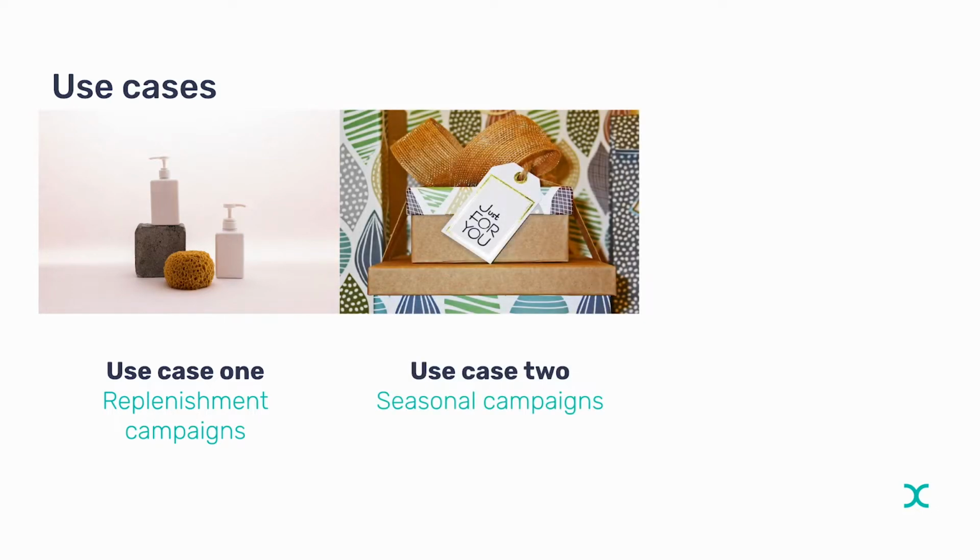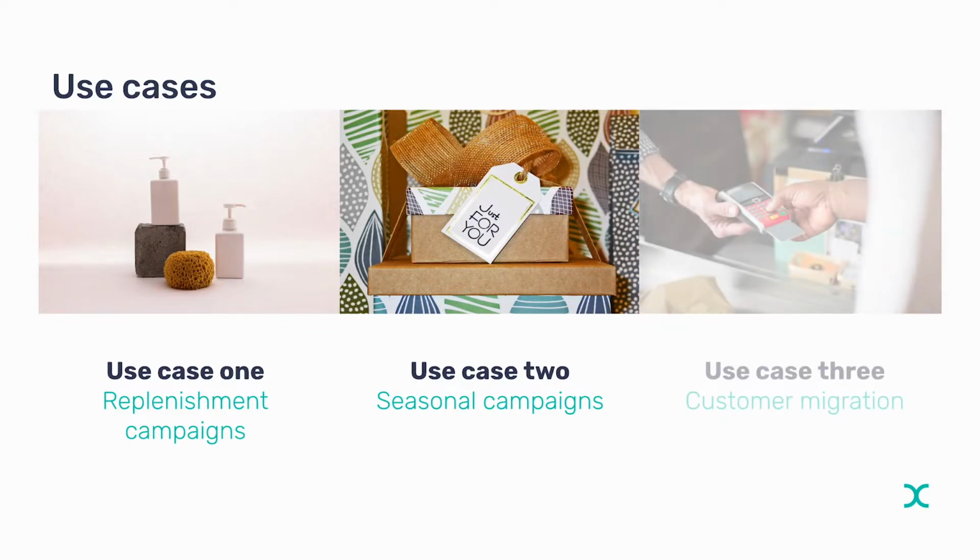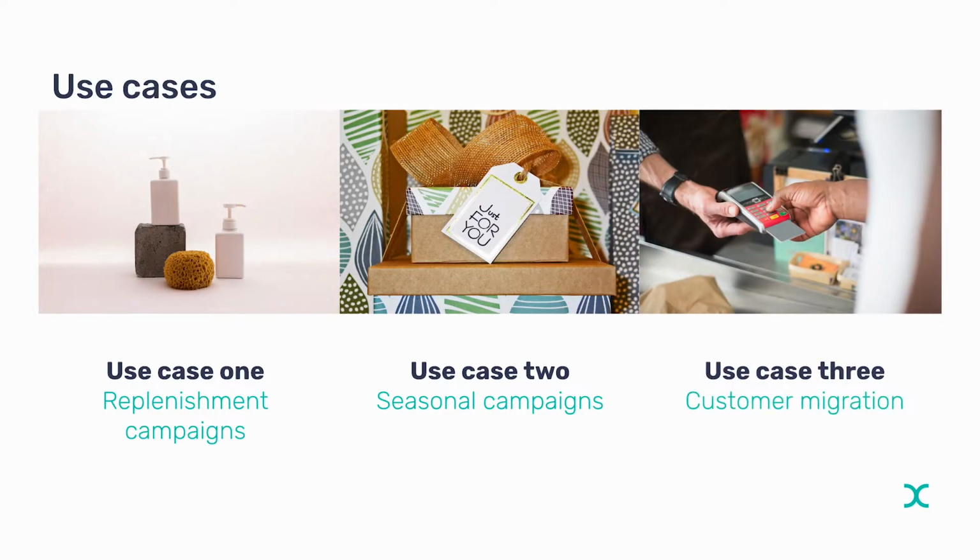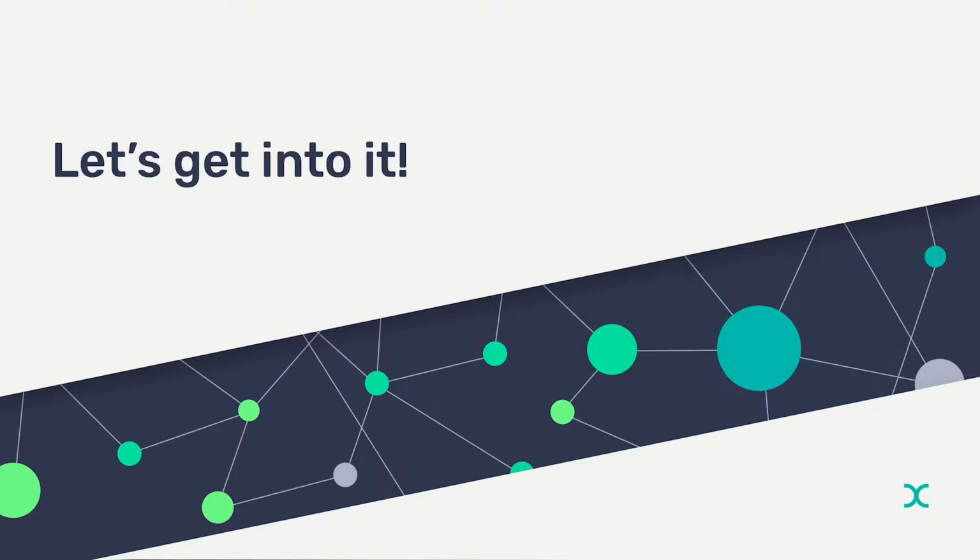You can find customers who purchased gift cards on Christmas Eve last year, for example. Finally, customer migration is also a great use case for Smart Search, as you can find customers who have only shopped in a store that's closing down because you might want to migrate these customers to a nearby store or online. But that's enough of the slides. Let's jump into the hub and see Smart Search in action.